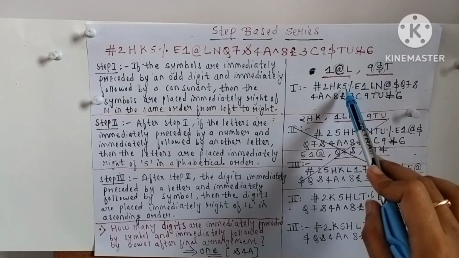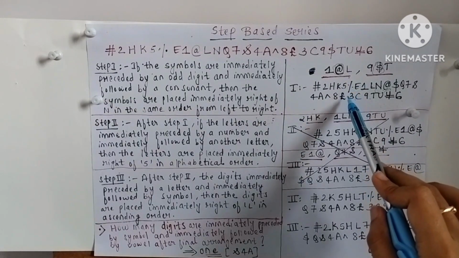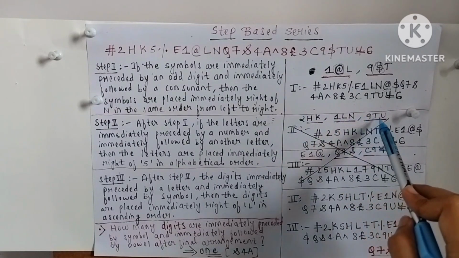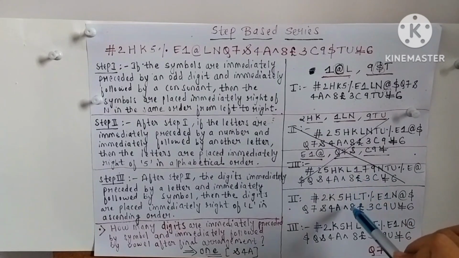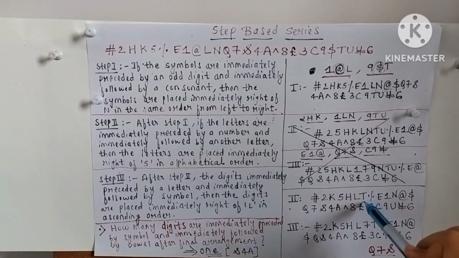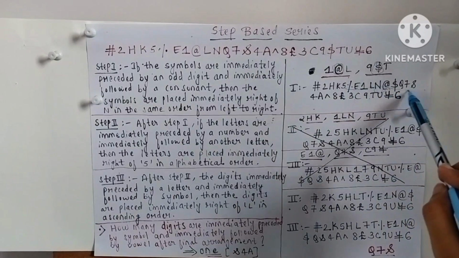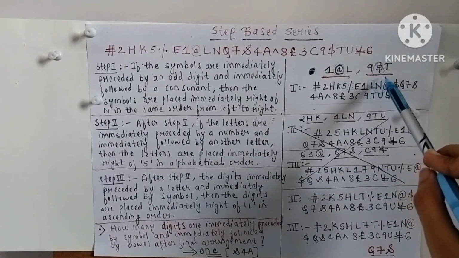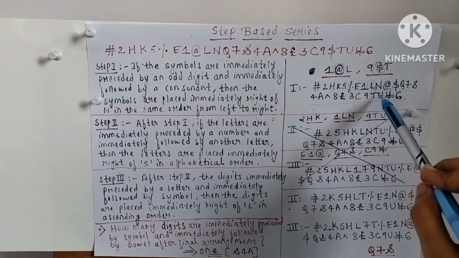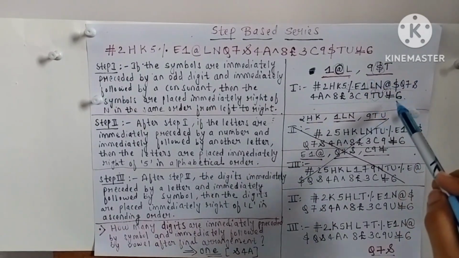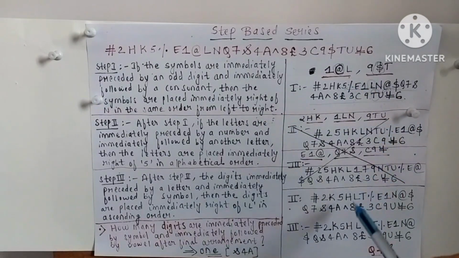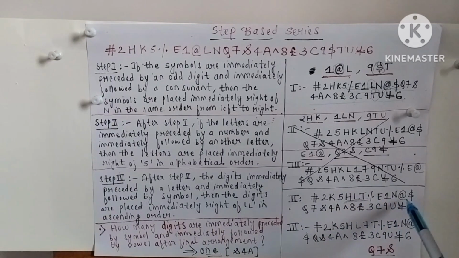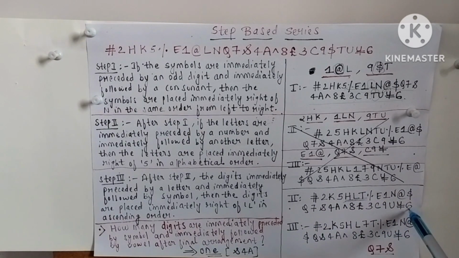Immediately after 5, we need to place h, then l, and then t. After that comes whatever is there, you write as it is, but the L and T that were moved should not be repeated, because you are placing them immediately after 5. The rest we write as it is.